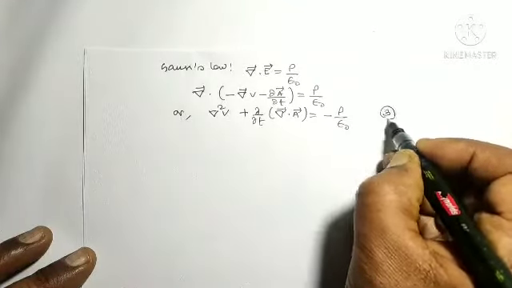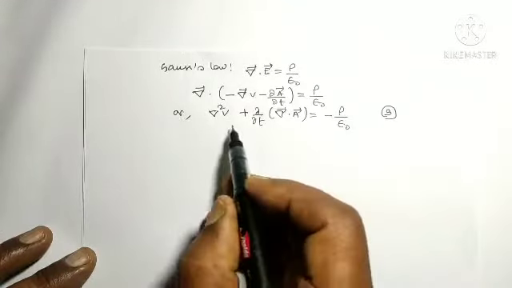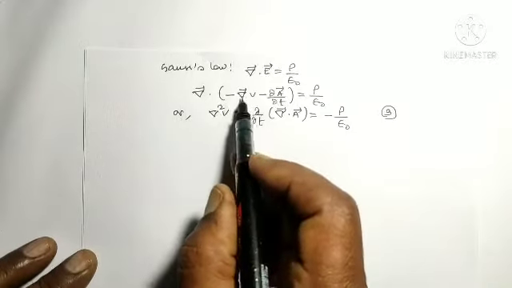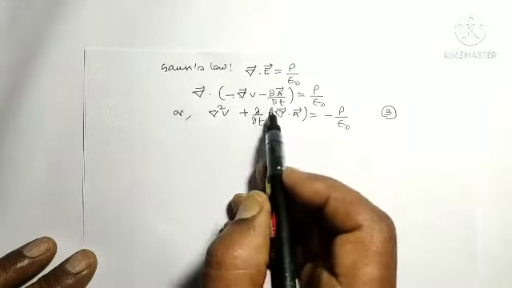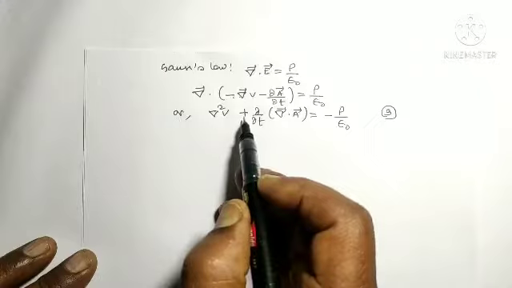So this is another equation. When we apply E equals minus grad V minus del A by del t, we obtain this expression.